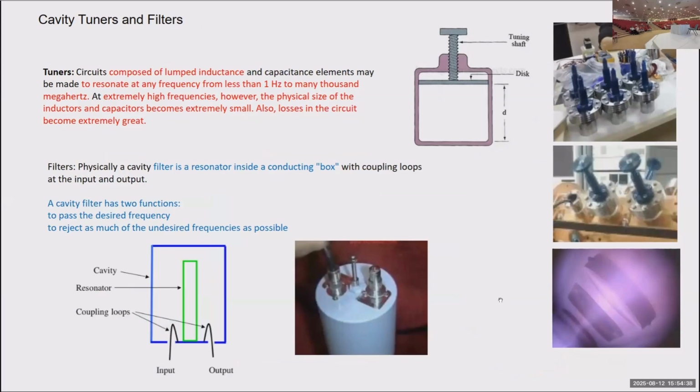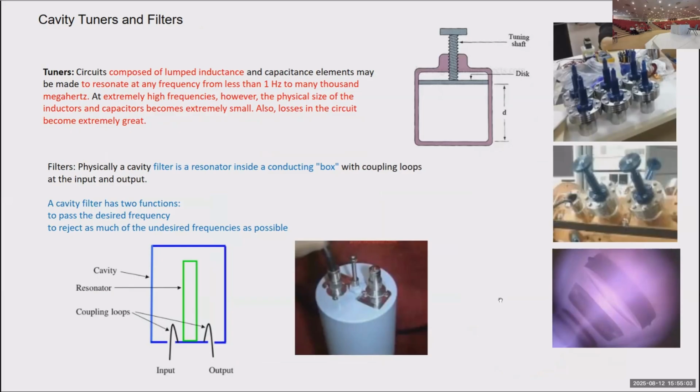Tuners and filters. These are filters, and this is the resonator and the coupling loops, and it's obvious they are magnetic loops. This is such a cavity. Which one? A radial cavity, right?